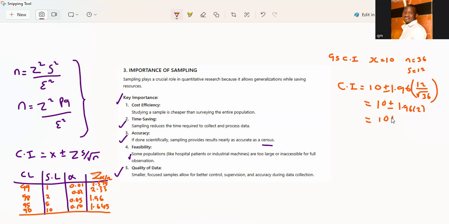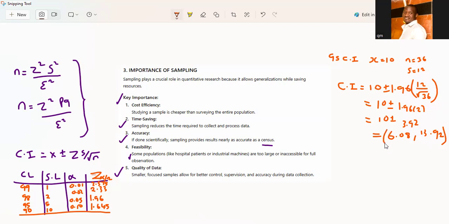The margin of error is 1.96 times 2. Of course, you'll not be asked to define it, I just want you to know it. So this is 3.92. When you subtract, we get 6.08. When you add, we get 13.92. This is what we call the confidence interval.